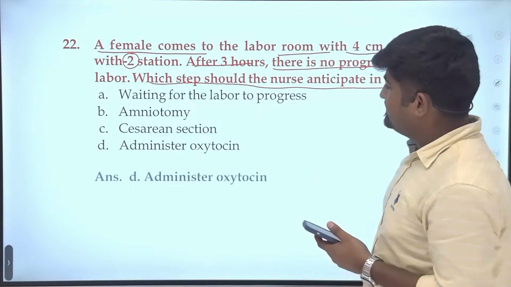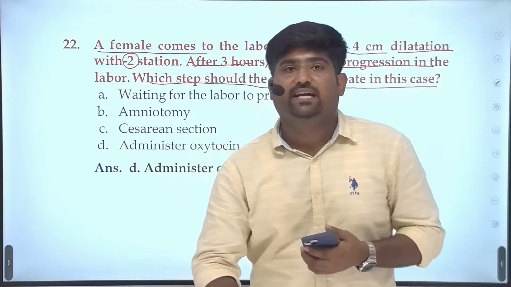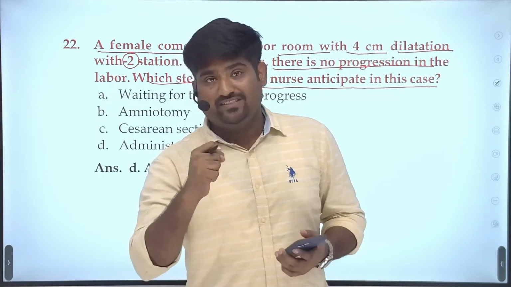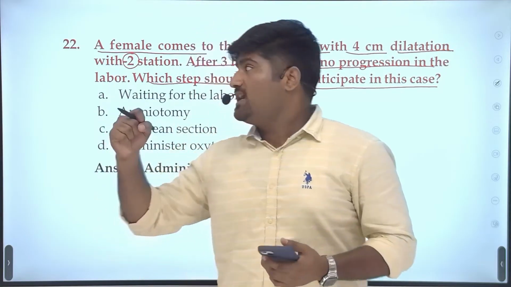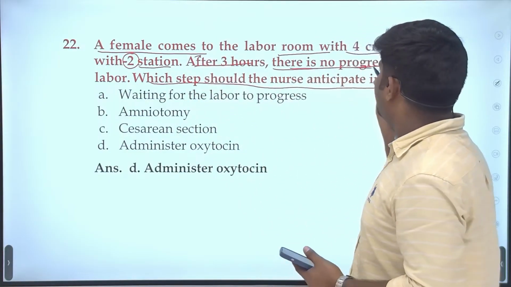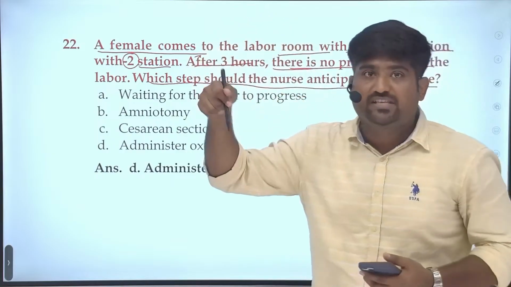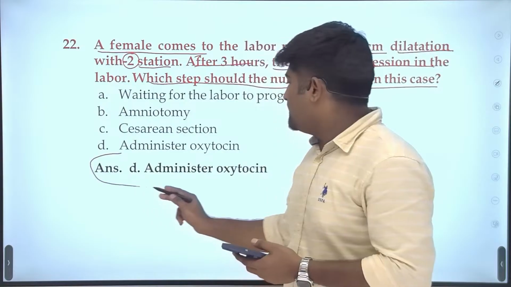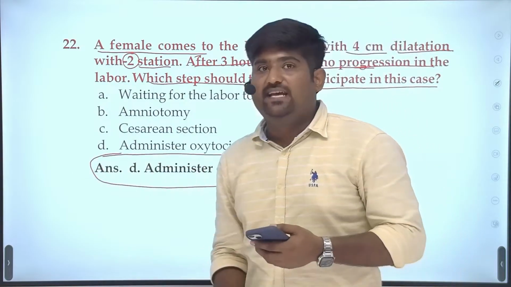Now tell me, why are you saying amniotomy will be the answer? There is no point in doing amniotomy. First, induction. We have to start the induction. -2 station is there, after 3 hours there is no progression. They have not told about the oxytocin infusion. So first, we have to start with oxytocin. That is the best answer.